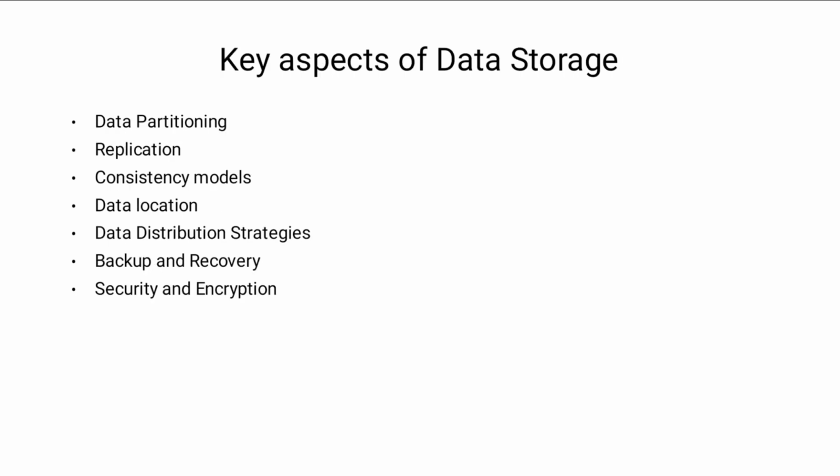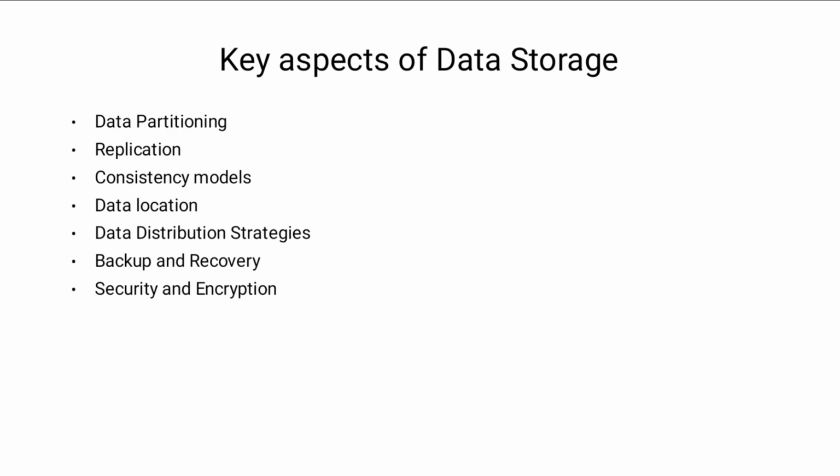Then the key aspects of data storage. First is data partitioning. Two strategies are present for this: range-based partitioning and hash-based partitioning. Replication enhances availability, and fault tolerance can be improved.